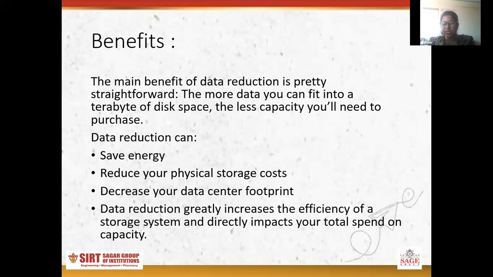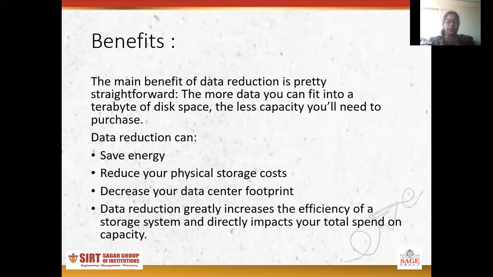It reduces your physical storage cost, because, as already mentioned, the more data you can fit into a terabyte of disk space, the less capacity you will need to purchase. Decreasing your data center footprint means you do not have to be very bothered about the data center.